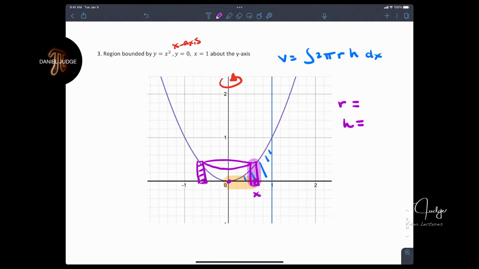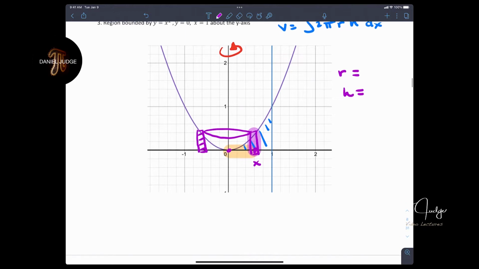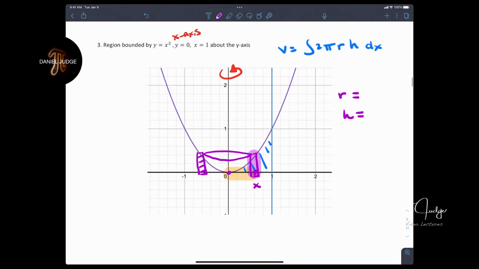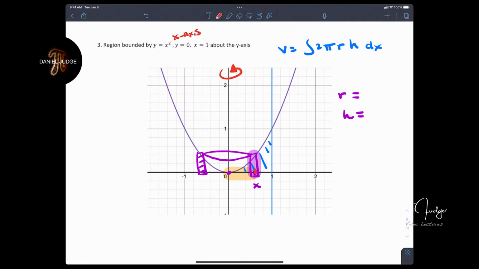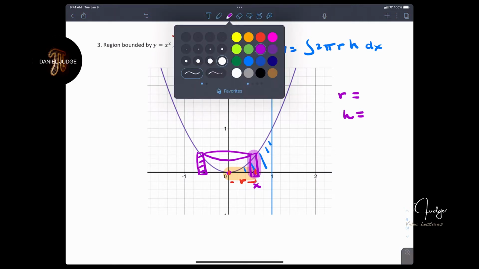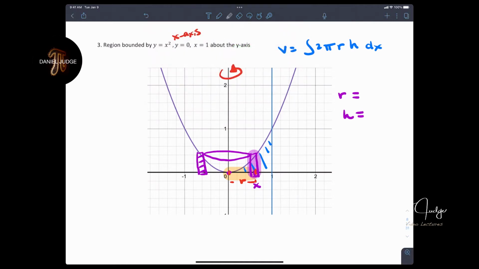So the key points we need are the radius and the height. And that's the radius of your cylindrical shell. As you look at these two values here that represent your radius, it's always the right value minus the left value.